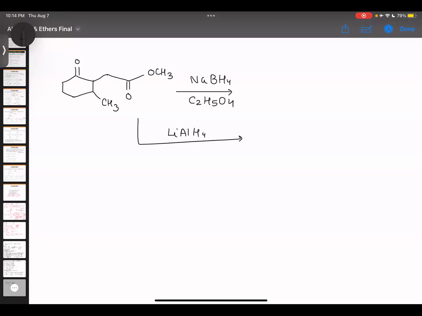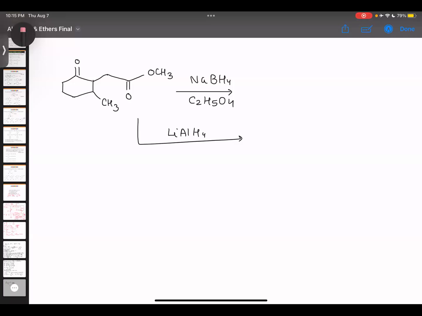LiAlH4 is a strong reducing agent, you know that. It can react with aldehydes, ketones, and all the carboxylic acid derivatives get reduced by LiAlH4. All will give alcohol except the amide, which will give an amine with LAH.